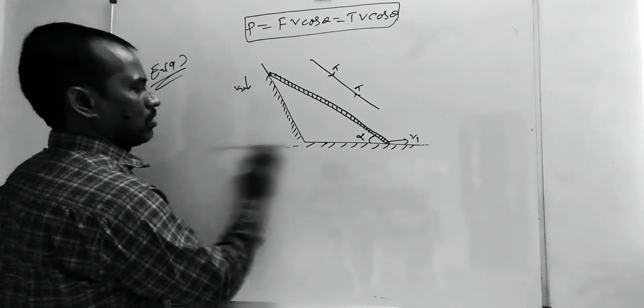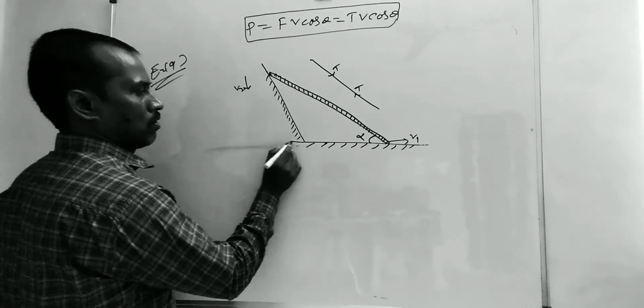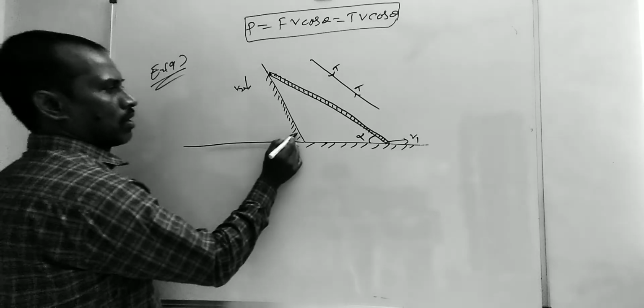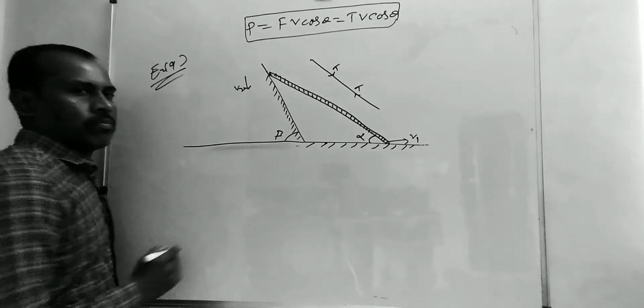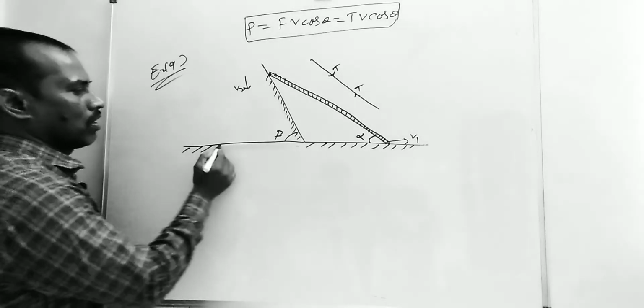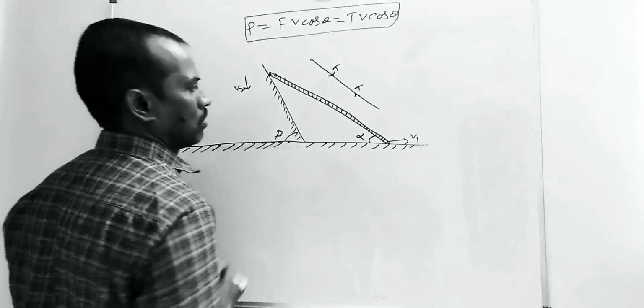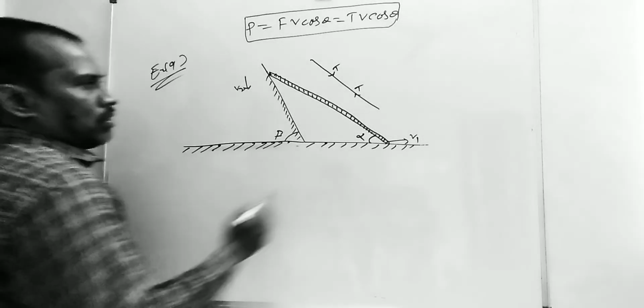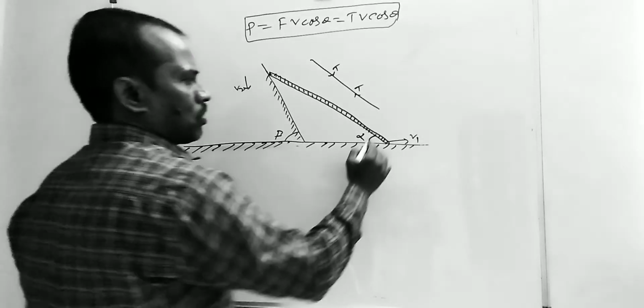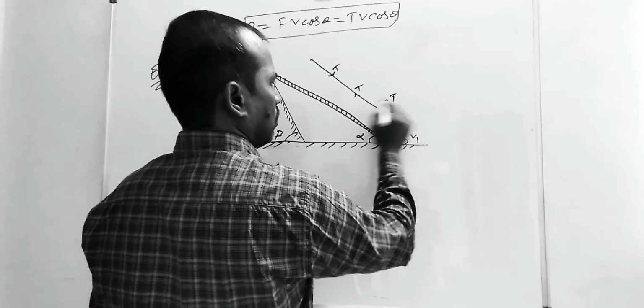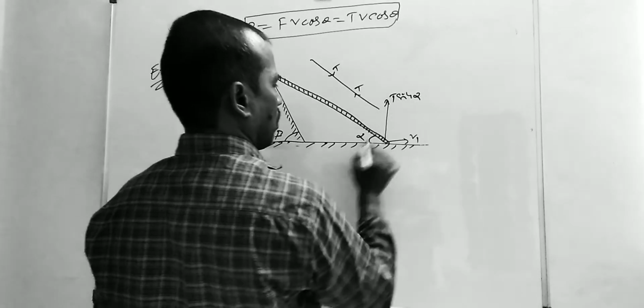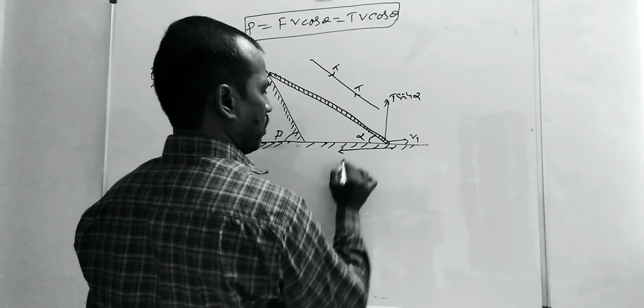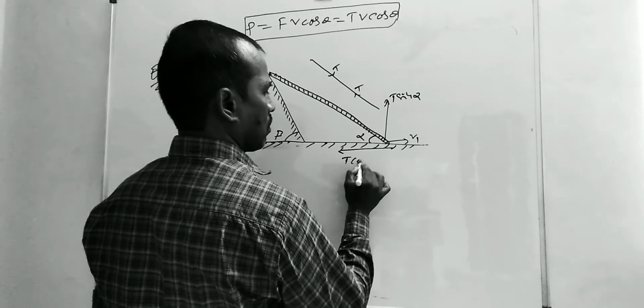Very simple. First of all, draw the horizontal here. This angle is beta. Now the string tension resolves into two mutual components: one is T sin alpha, another is T cos alpha.